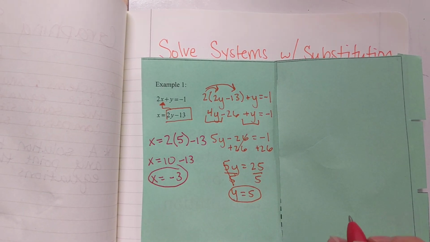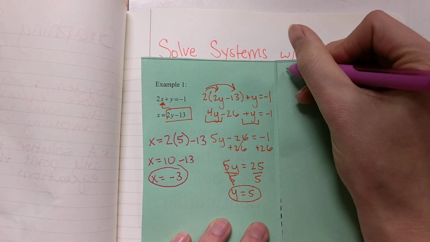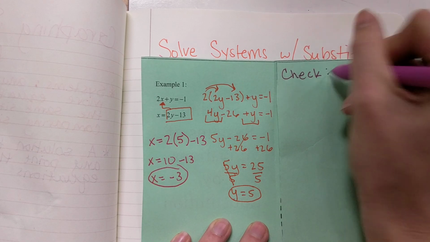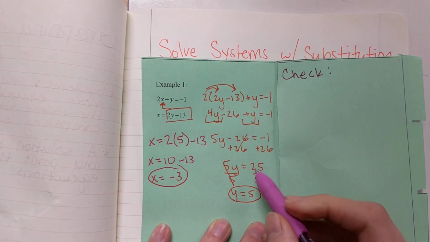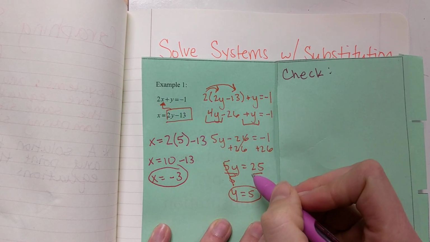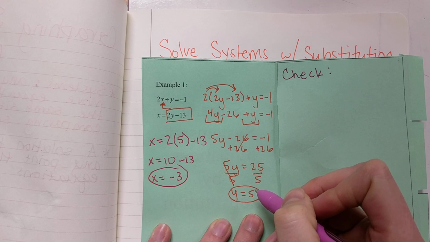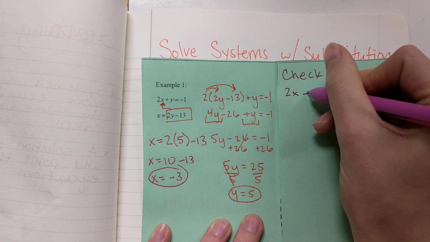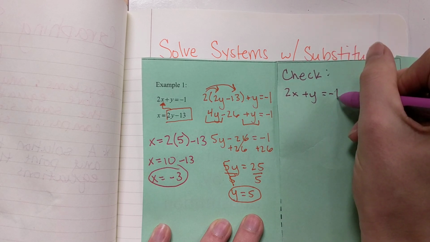So just to make sure that I actually solved this correctly, I'm going to check my answers. To do that, I'm going to replace in the original equations the x with negative 3 and the y with 5. So the first equation was 2x plus y equals negative 1.